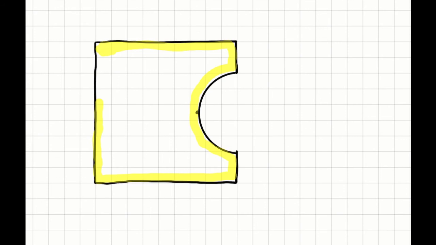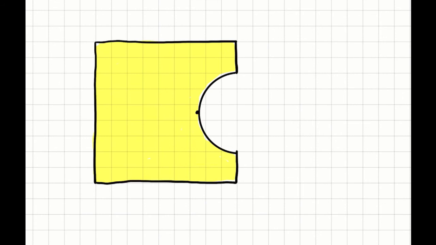It's not that hard once you see it the first time, but this is not what we call a regular shape. It's basically a rectangle that has had a semicircle chunk taken out of it. If we want to find this yellow shaded region of this irregular figure, we're going to need to break this problem up into parts.